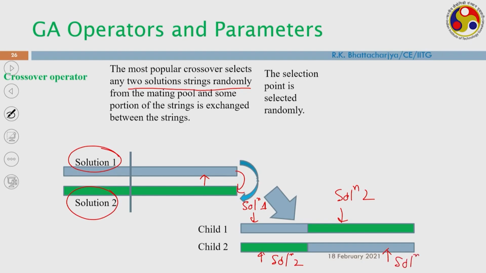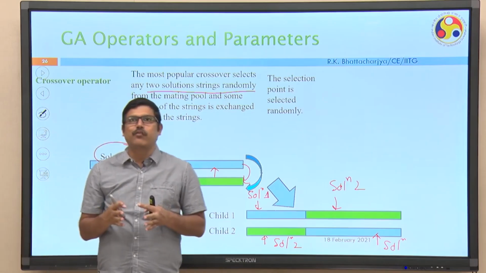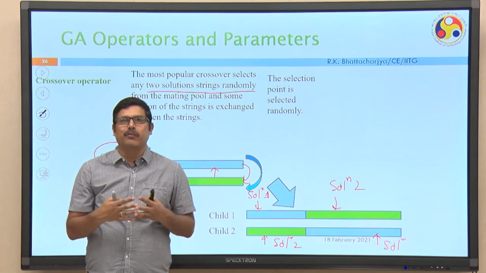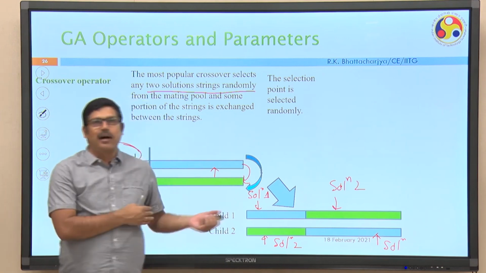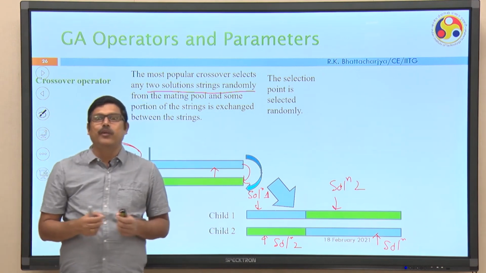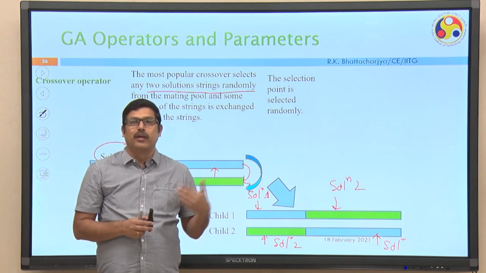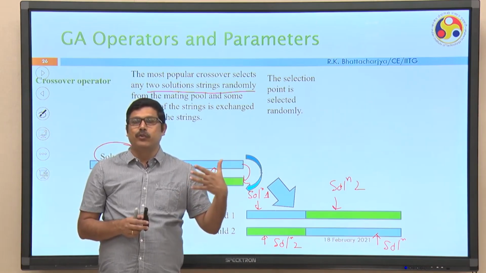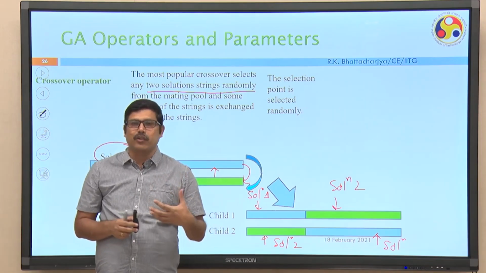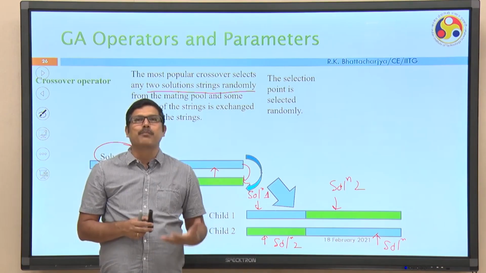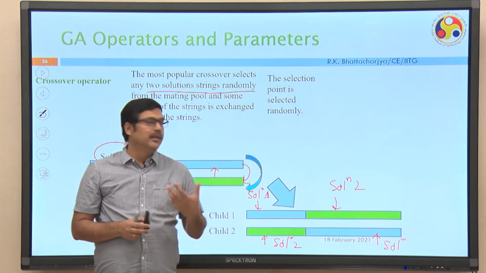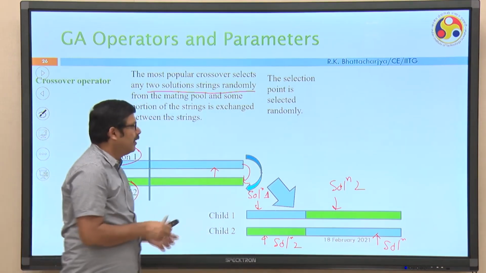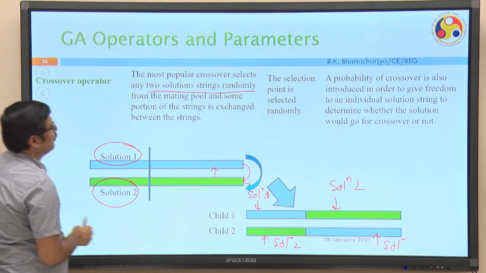I can write a code to implement that. We are exchanging the gene information, so part of the chromosome is exchanged in this process, and you get two new solutions. I take two solutions, apply the crossover operation, and get two children, child 1 and child 2.